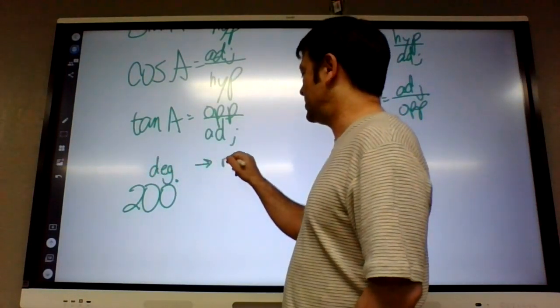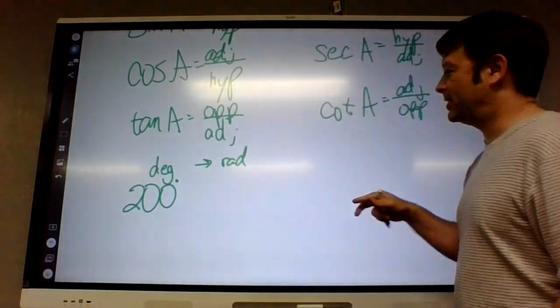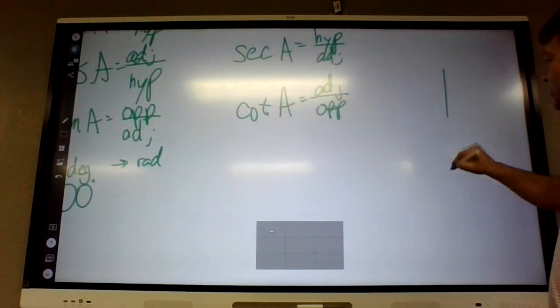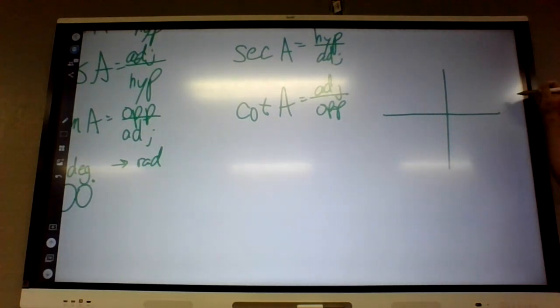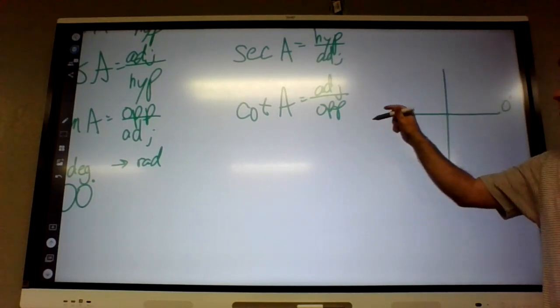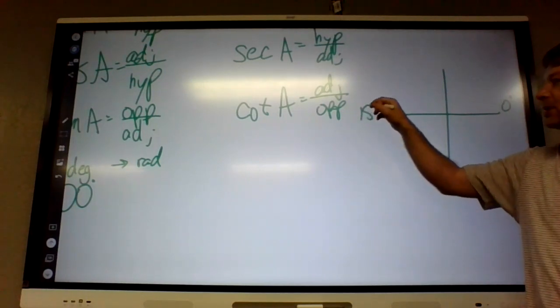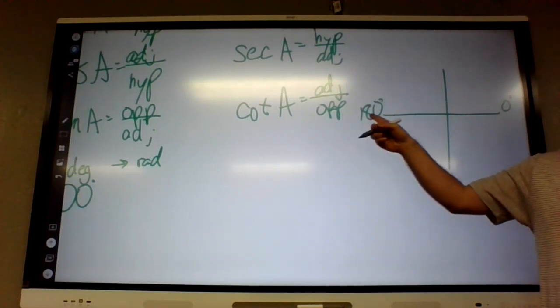Actually, before I do that, let me back up a little bit. So, where is 0 degrees on the xy coordinate plane? To the right. It's also 0 radians. Over here, how many degrees? 180. In radians, how many radians was this?